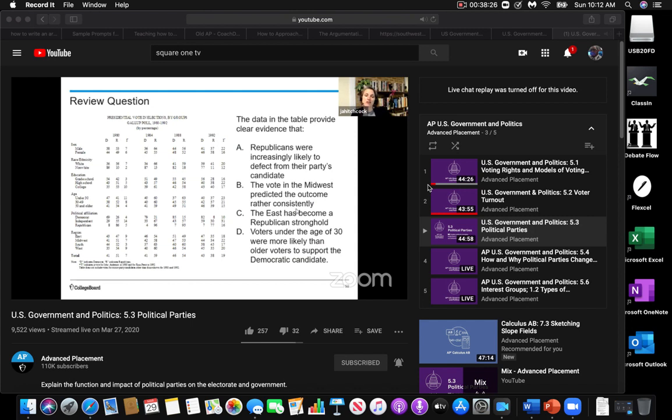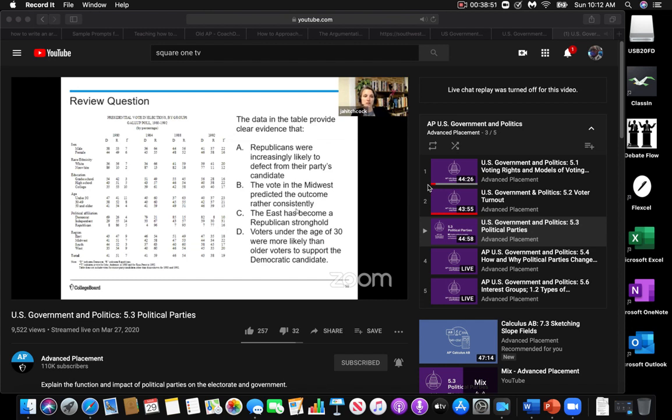All right, let's do our check for understanding. This is a data chart. There's a lot going on here. I'm going to give you a couple of seconds to take a look at this. As you're looking at it, I'm going to read it to you nice and slow. The data in the table provide clear evidence that A, Republicans were increasingly likely to defect from their party's candidate.